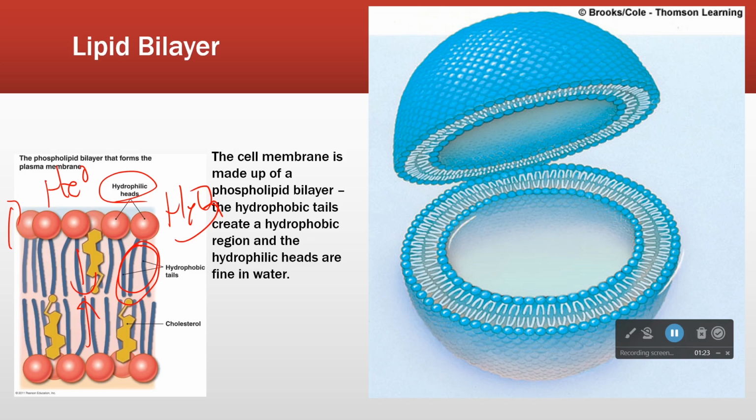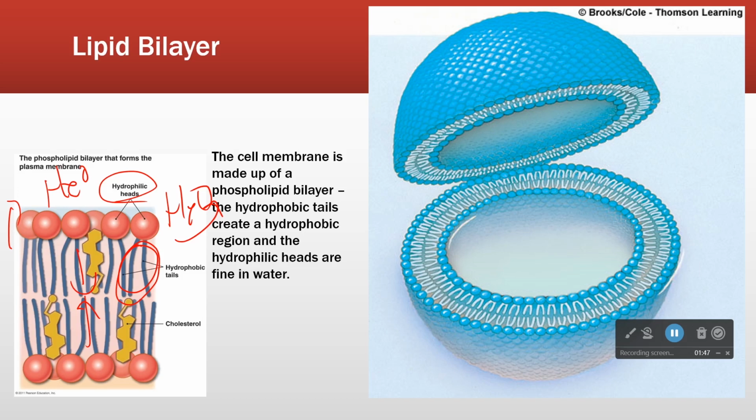So if you have a sodium ion or a potassium ion or a chloride ion or a bicarb or a calcium or a protein, long list here, those molecules cannot wiggle their way through from one side of the membrane to another because the region in the middle is hydrophobic. That is the key to the lipid bilayer.